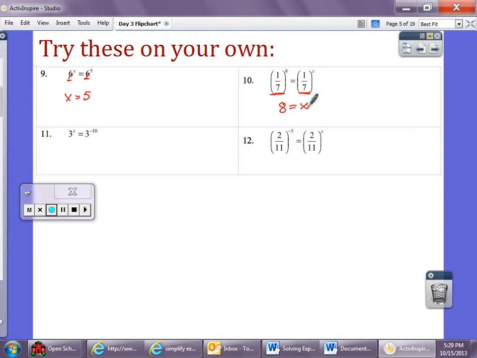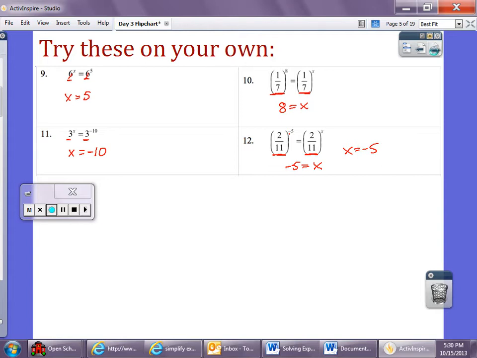Number 11, we have a base of 3 and a base of 3. Bases are the same, so x equals negative 10. Number 12, we have a base of 2/11ths and a base of 2/11ths. So negative 5 equals x, or we can say x equals negative 5. They both mean the same thing.